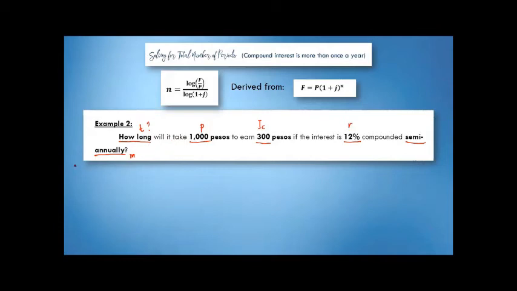So, i-write ulit natin ang given kasi meron tayong i-analyze sa given. So, present value is 1,000. Then, ang future value natin dapat, meron tayo. So, paano natin siya makakompute? Alam natin, ang future value ay principal money plus interest, kasi nasa topic tayo ng compound interest.